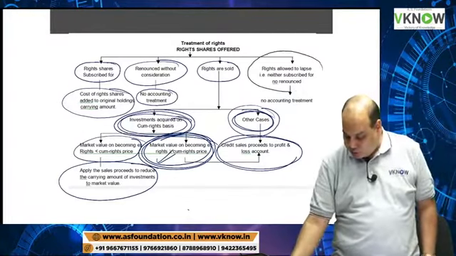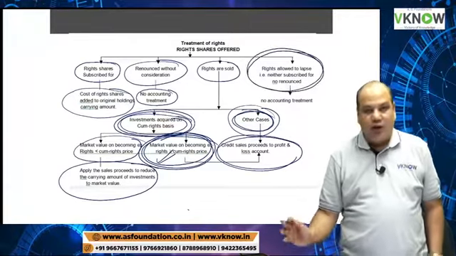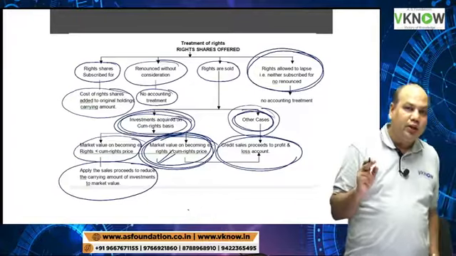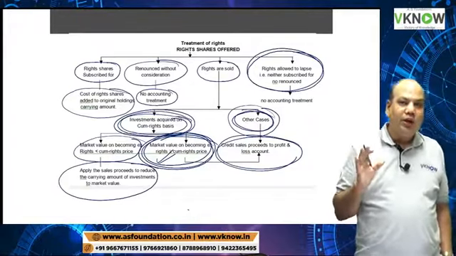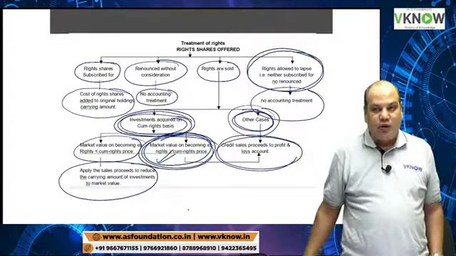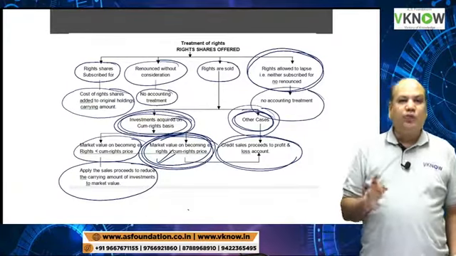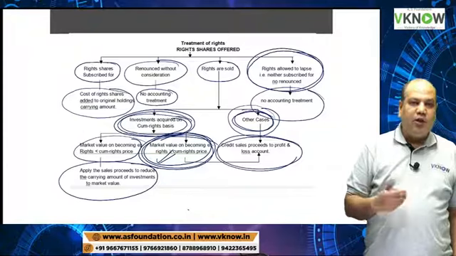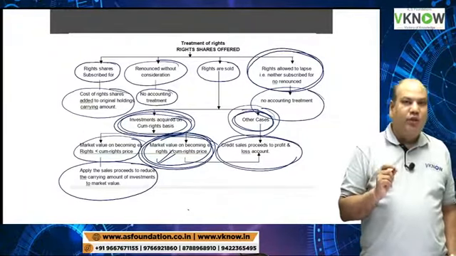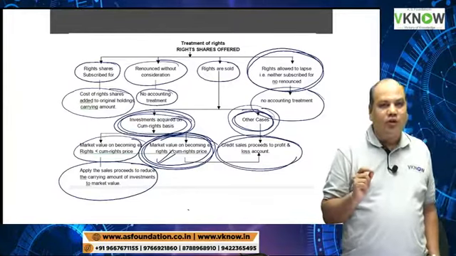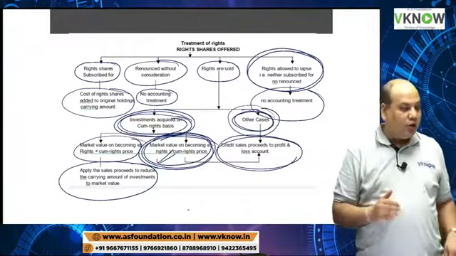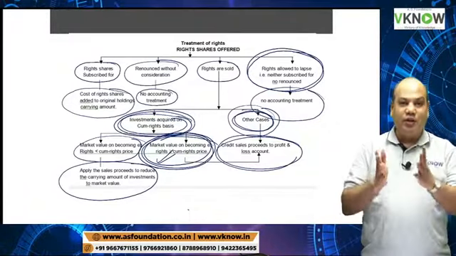And suppose you don't take any action and let the right lapse, there is no accounting treatment. However, any further change in the value of the share will be accounted depending upon its classification, whether current investment or long term investment. Accordingly the accounting will be done.